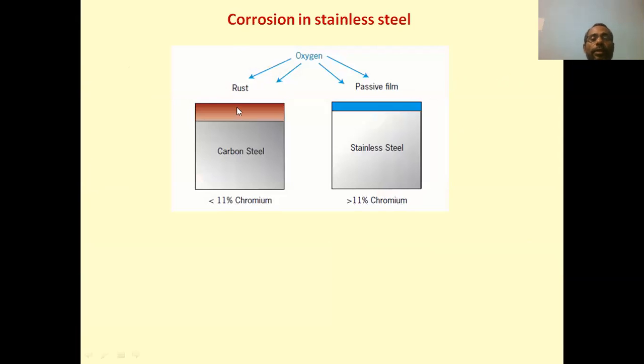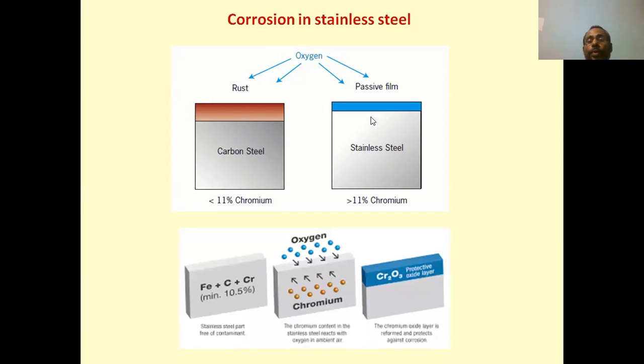One example is here. This is also steel. Both are steel, carbon steel and stainless steel. In the carbon steel, the chromium percentage is less than 11%, but in the stainless steel, the chromium percentage is more than 11%. Basically, the steel composition is carbon, iron, and chromium, right? Now, in the carbon steel, which contains less than 11% chromium, there is formation of rust over its surface. Whereas in the case of stainless steel, there is no rust formation.